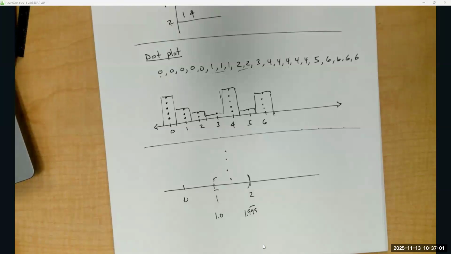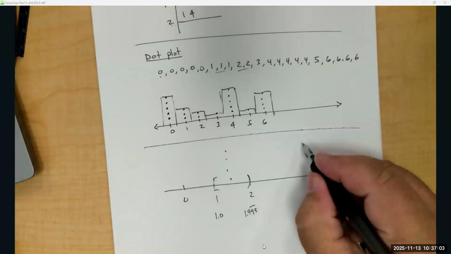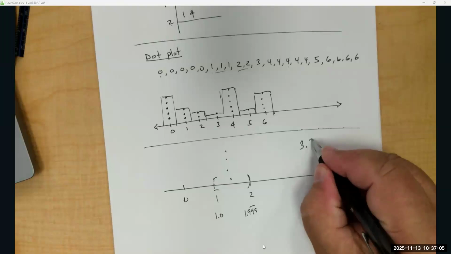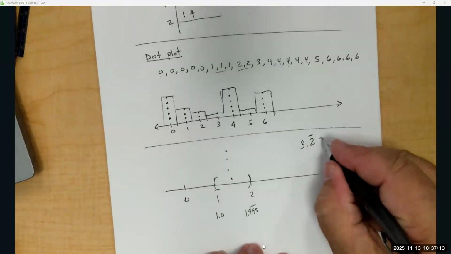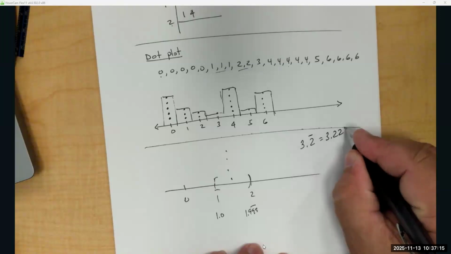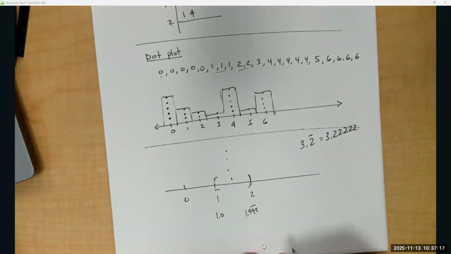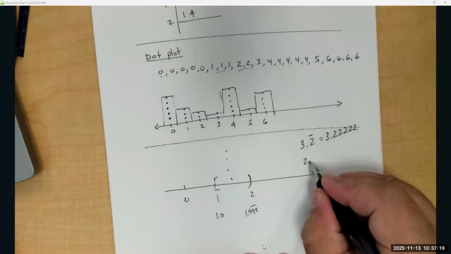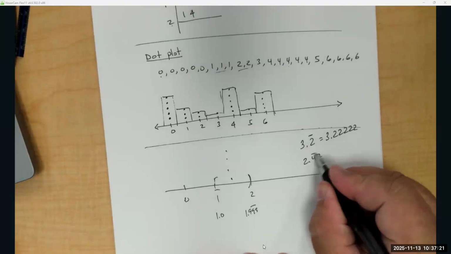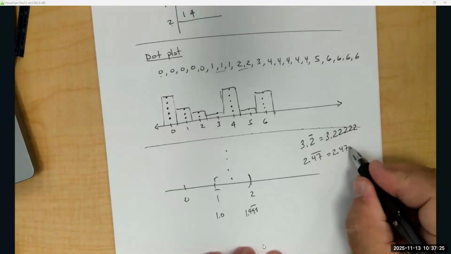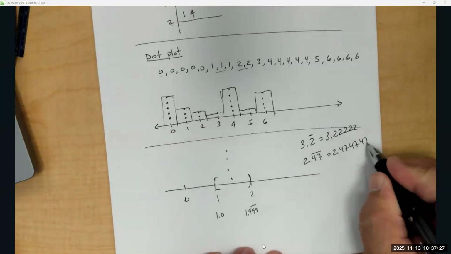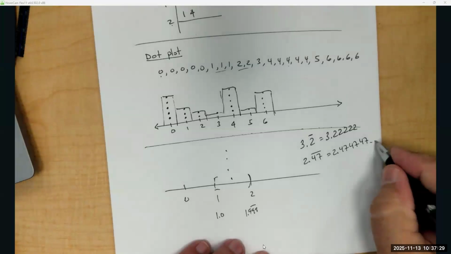1.999999999. Oh, by the way, if you ever see a number with a bar over it, it doesn't mean mean. It means that number repeats itself forever. If I had 2.47 like that, that would be 2.474747, and so on and so forth.